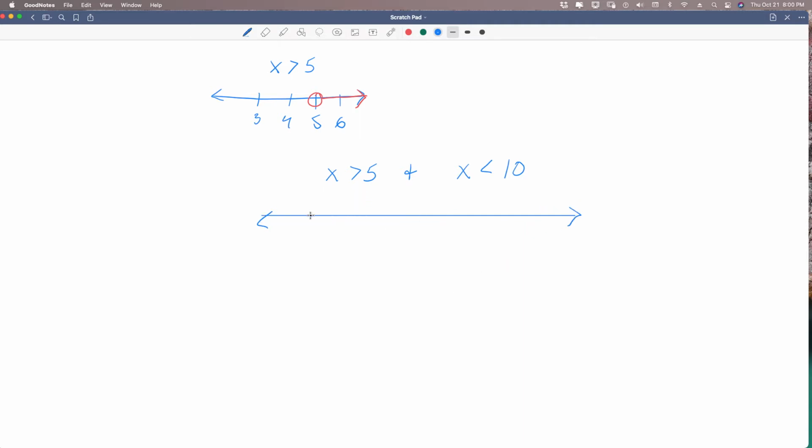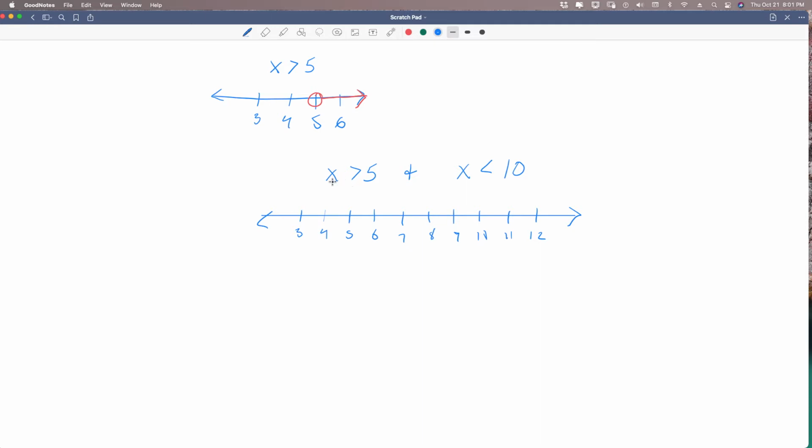So let's do 3, 4, 5, 6, 7, 8, 9, 10, 11, 12, just for the heck of it.